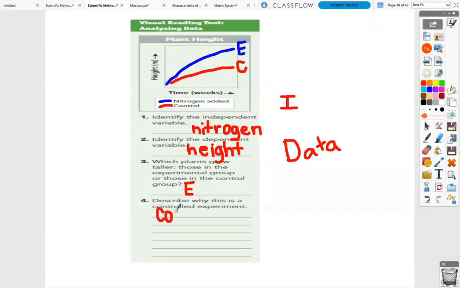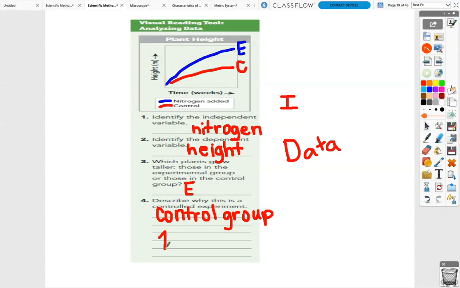Now, sometimes you'll do an experiment and you won't have necessarily a control group, but it is still a controlled experiment as long as you have just one independent variable. So in this case, we do have a control group. We have a group that is our experimental group that got nitrogen, and we have a group that's our control group with no nitrogen.